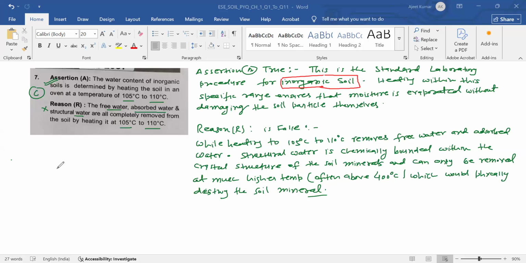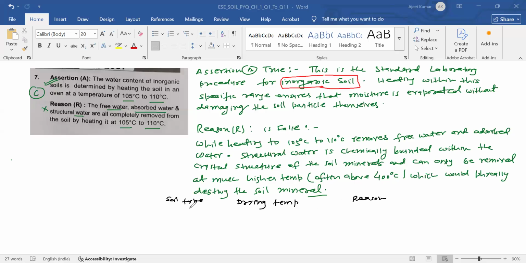So I'm making a table that is very important. The first column of the table is soil type, the second column is drying temperature, and the third column is reason.